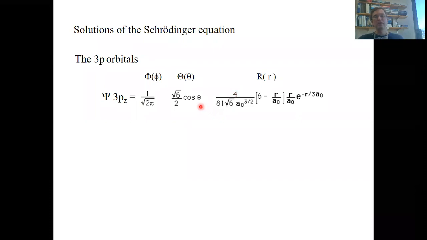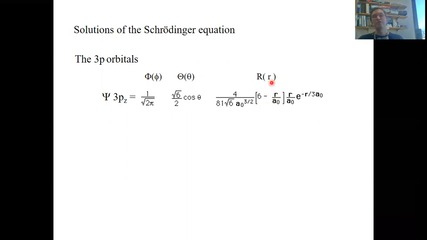You see that again the angular part of the wave function is angle dependent, it depends on the angle theta. But now for the radial part of the wave function, in addition to the exponential term and the term r over a0, which still exists, you have this term here, 6 minus r over a0.